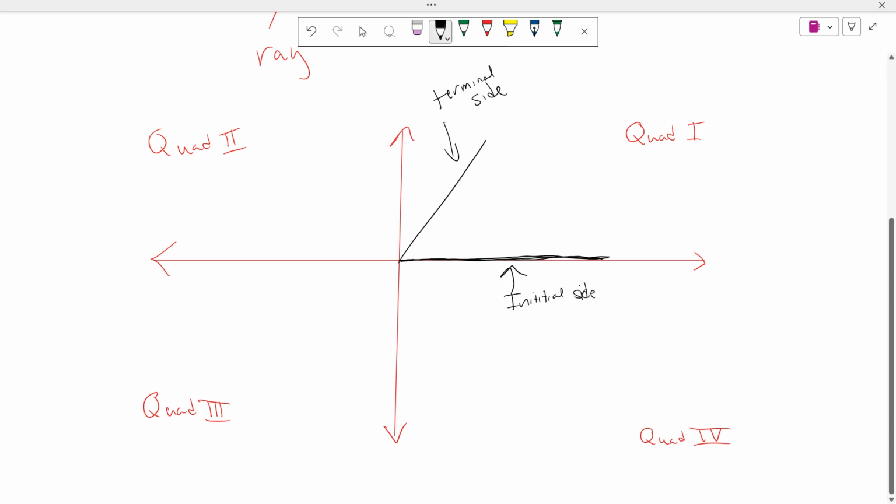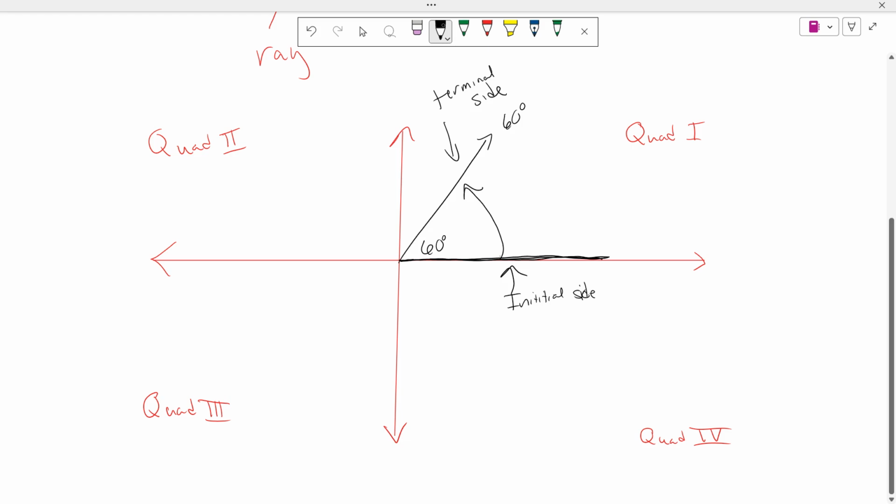So we have an initial side of an angle and a terminal side of the angle. And it depends how far from here this goes around for the sides of the angle. Now this looks like it went about 60 degrees. So we call the terminal side 60 degrees. The terminal side here would be called 60 degrees because we've made a 60-degree angle.